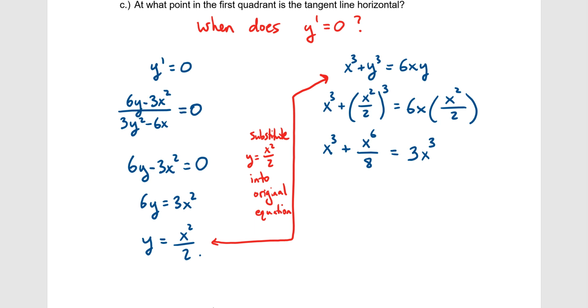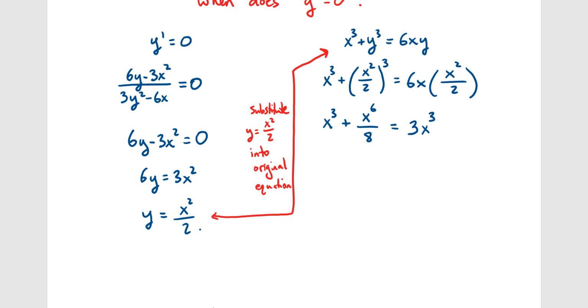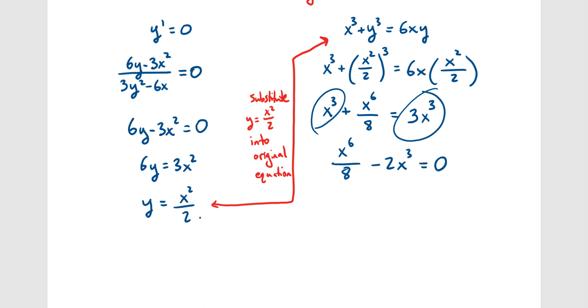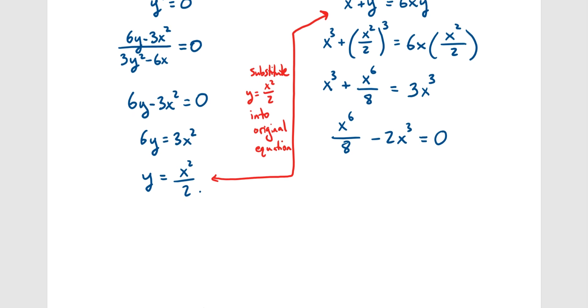And now this is just a polynomial equation, essentially. So let's get everything on one side of the equation and factor if we can. I'm going to subtract 3x cubed to the left, and that's going to give us x cubed minus 3x cubed, which is negative 2x cubed. And now we have that set equal to 0. Now let's try to factor.